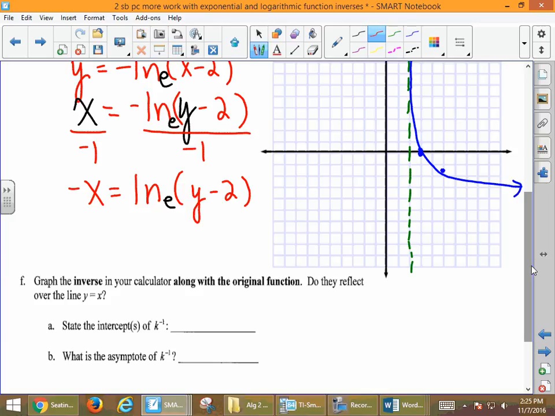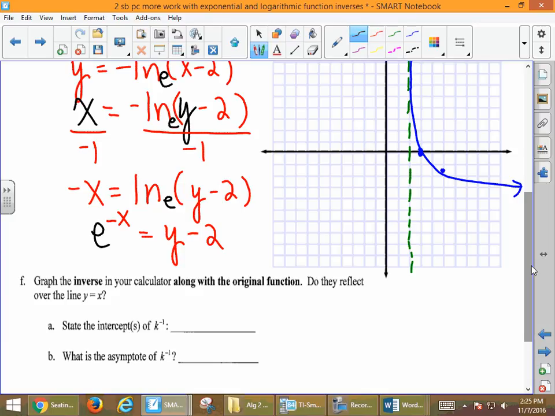And now what we need to do is we need to rewrite this function instead of in logarithmic form, in exponential form. So when we do, a logarithm is another way of writing an exponent. This becomes e to the negative x, whatever the logarithm equals is the exponent, equals y minus 2.